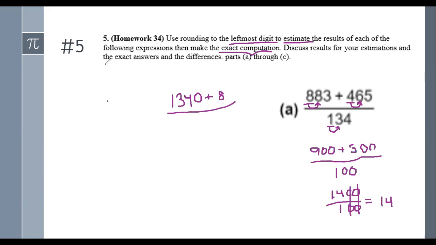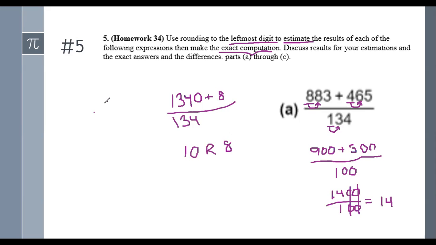Because 1,340 divided by 134 would give us 10 with a remainder of 8.